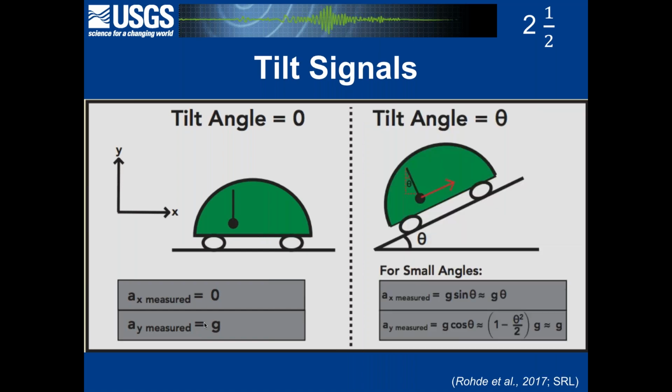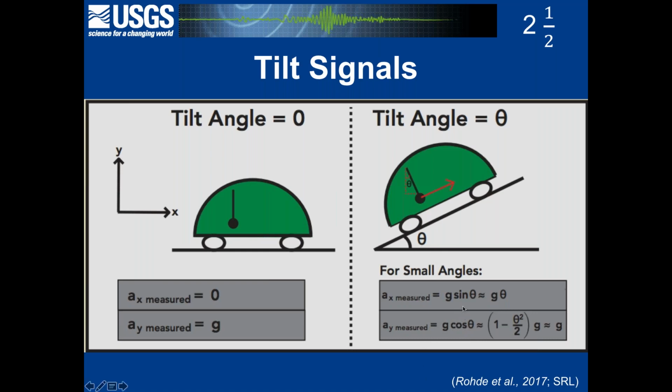But if we start to tilt it at a small angle of theta, the y-axis of the seismometer sees gravity as g cosine theta, and the x-axis sees this gravitational acceleration as g sine theta. I actually have to think about this in the reference frame of the seismometer to get these trigonometric relations to work out correctly.